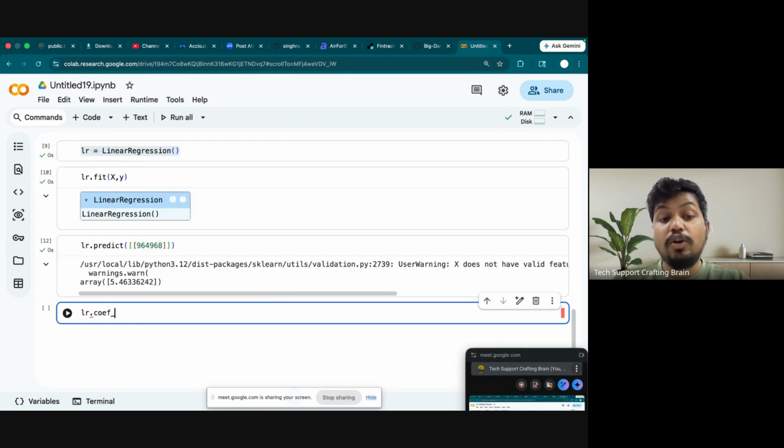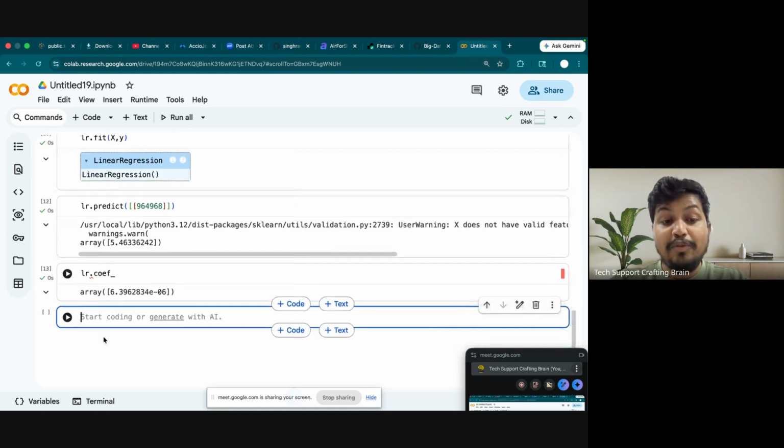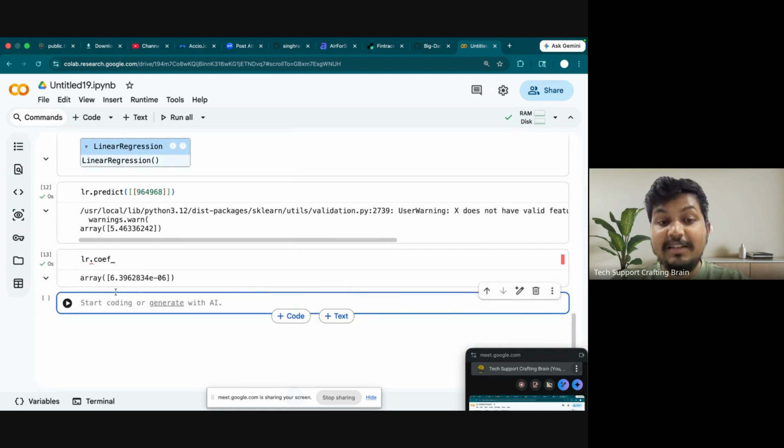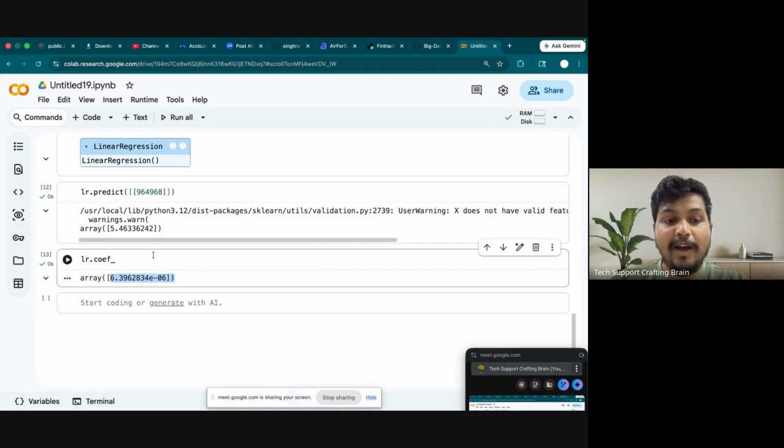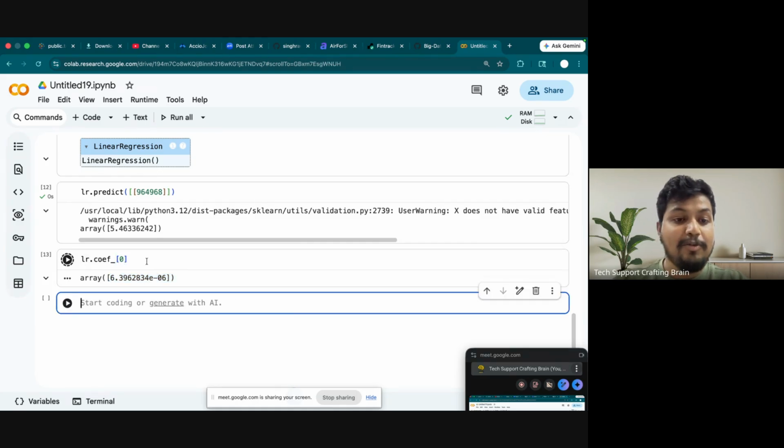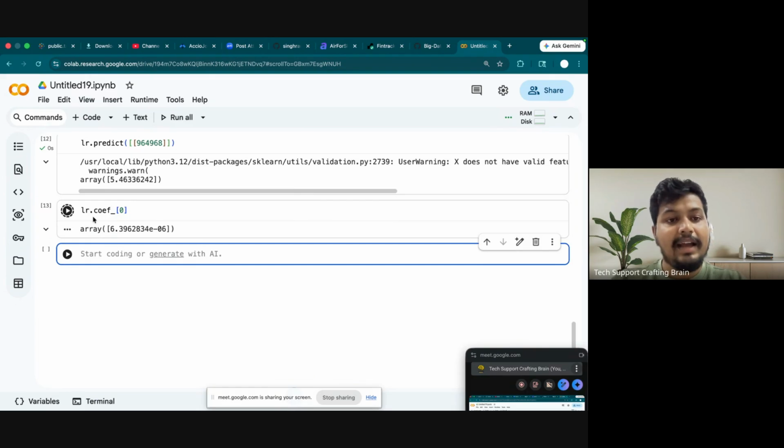So lr.coefficient is nothing but your slope value, guys. Let me just run it one more time. I want to store it in a variable so that I can show you how it actually works. It is still running.